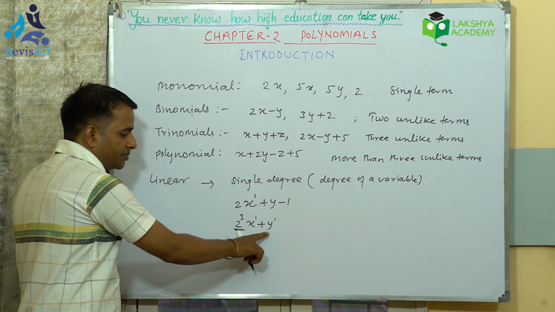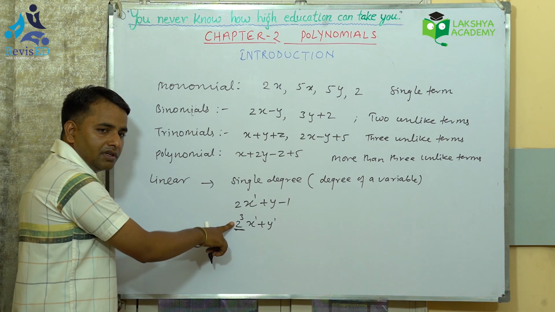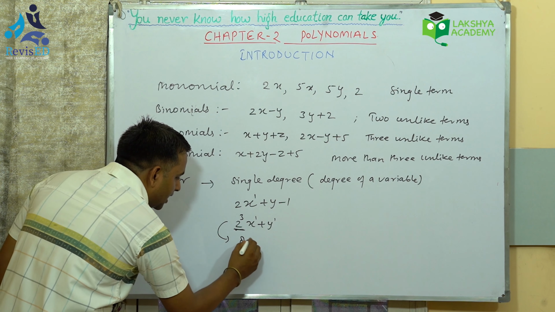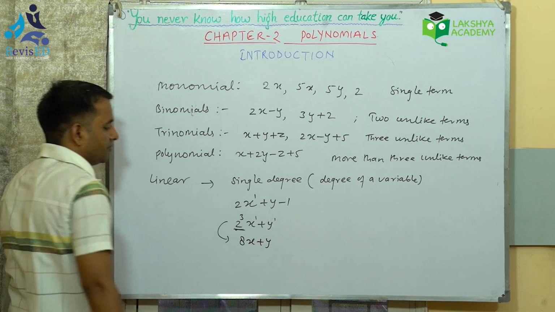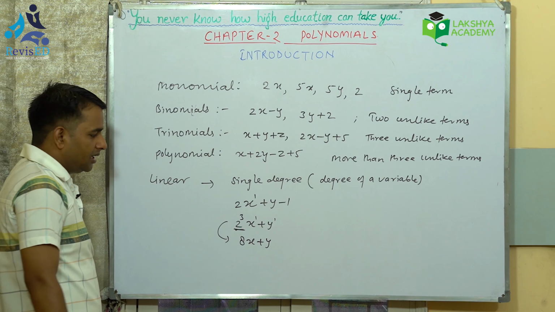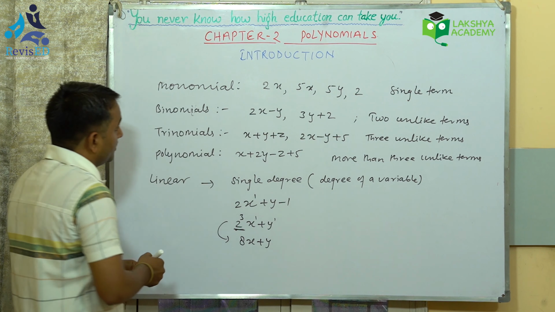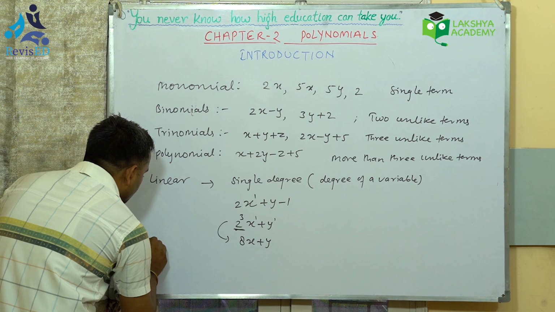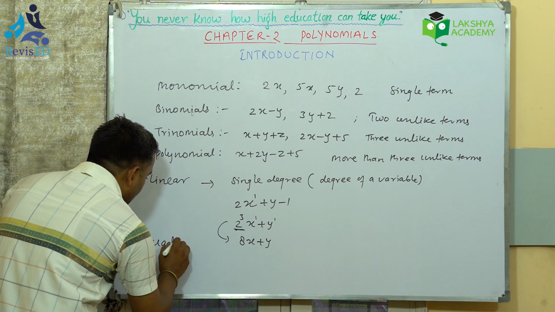So we will consider this power only, we will not take the power of the constant. Or we can rewrite this in the similar way, like this is 8x plus y, 2 cube is 8, 8x plus y. So this is again a linear polynomial only.